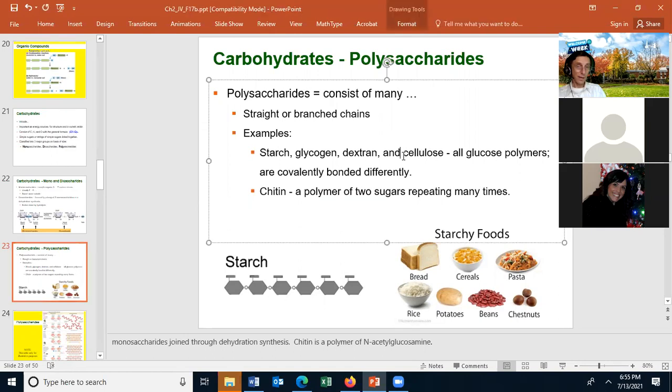But obviously we, being humans, cannot digest cellulose. So all of these are polymers of glucose, but they're covalently bonded differently. And we'll look at that in a minute. I'm not going to talk about chitin, so I'll just mention that these are some starchy foods, and they mostly contain starch, this molecule here.